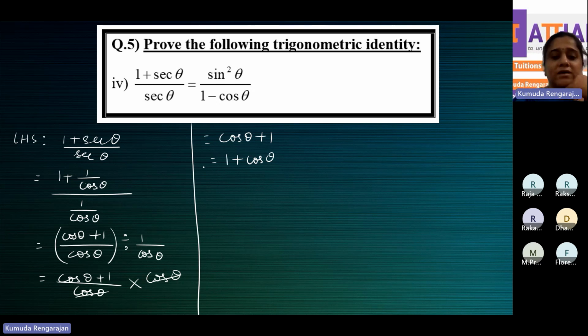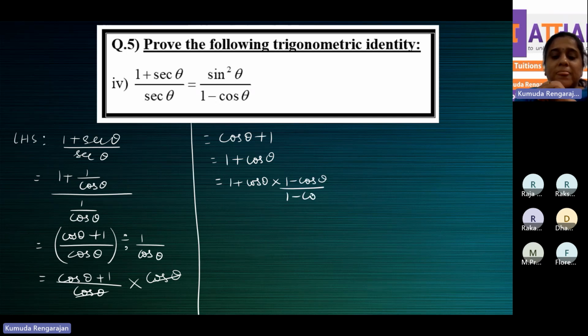So how to proceed? Look at the denominator in the RHS. What is the denominator? 1 minus cos theta. So we'll write this and multiply and divide by 1 minus cos theta.